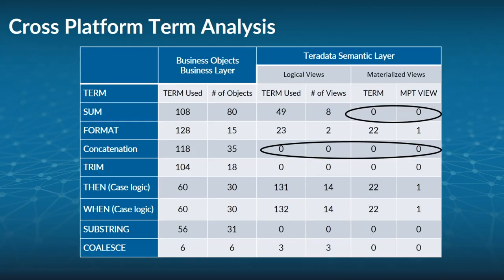So business wants the term that's slammed together by multiple attributes. And in this just horrendously expensive operation, it's occurring 118 times in 35 different programs on the business object side of the street. On the Teradata side of the street, it's doing no heavy lifting, none.